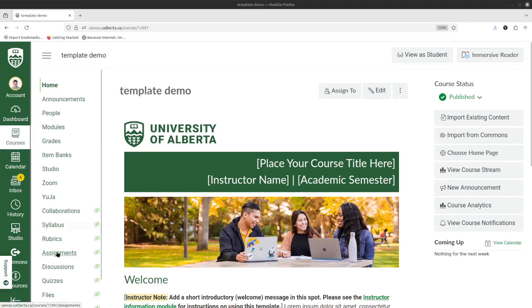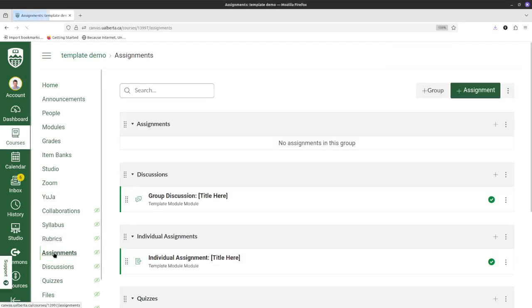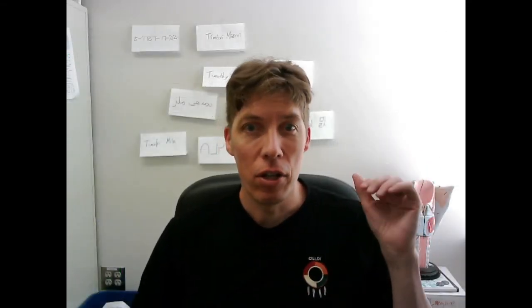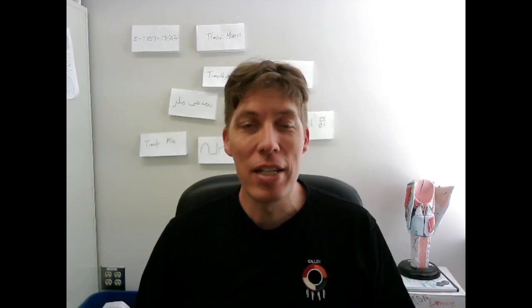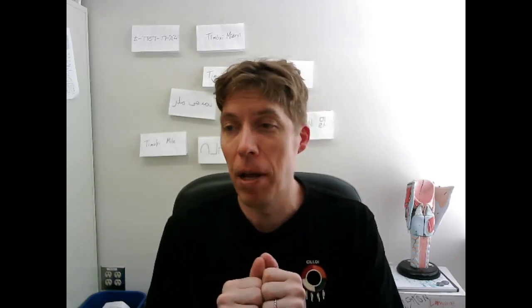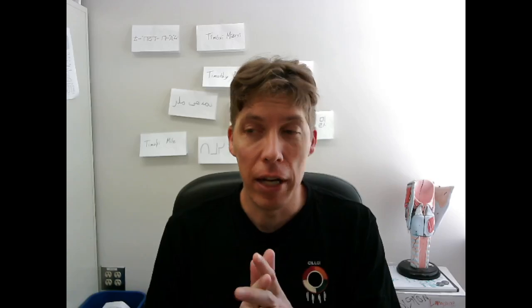Second bit of weird vocabulary, if I click through to assignments, the assignments menu item covers all graded things. It covers graded assignments, graded quizzes, graded, what do you call the, like discussion participation, and a couple of other things.